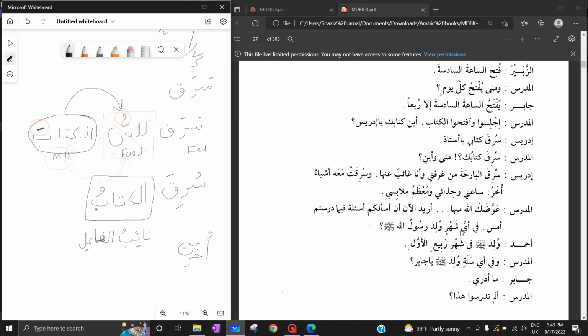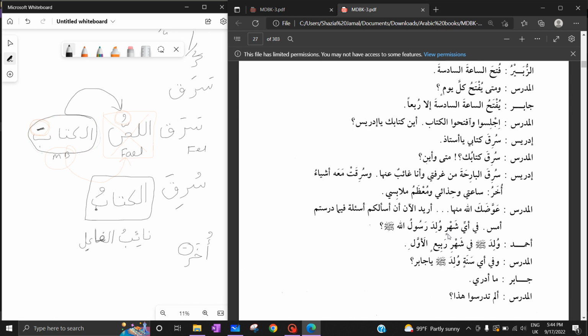Fi ayyi shahrin. Now ayyi is the only questioning tool that can change haraka. Ayyi can become ayya or ayyu. So here it is having a kasra because of the harf jar fi. Ayyi shahrin becomes an idafa construction.